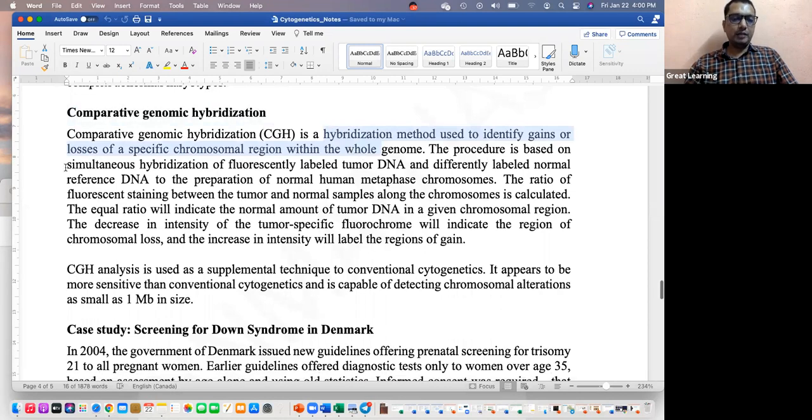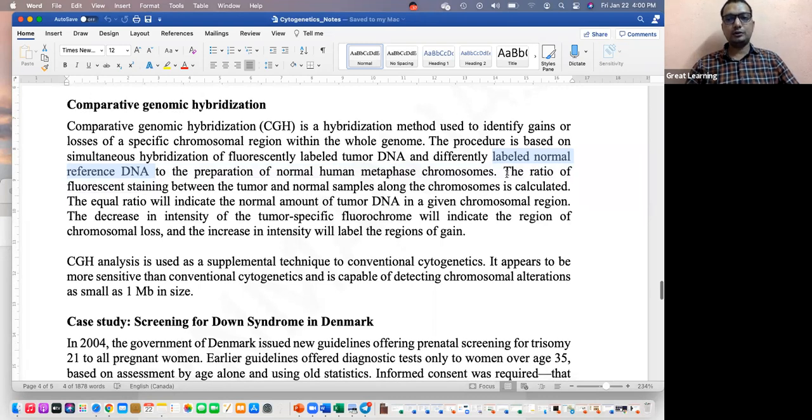It is based on simultaneous hybridization: both fluorescent probes are binding simultaneously to the regions of DNA. One is labeled tumor DNA, from a patient suffering from the tumor or cancer, and another is the normal reference DNA.